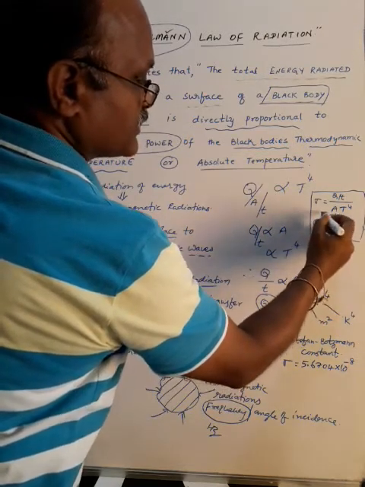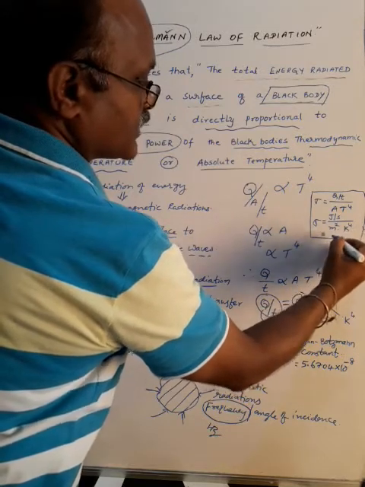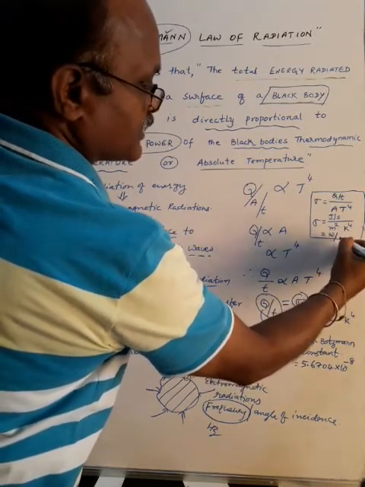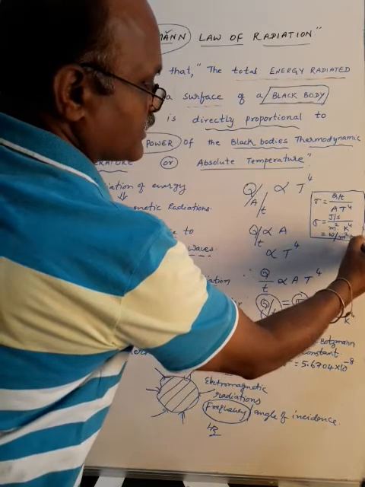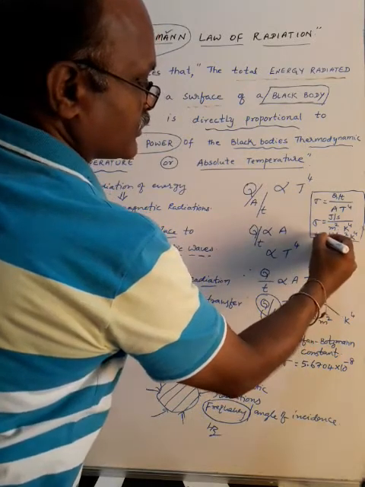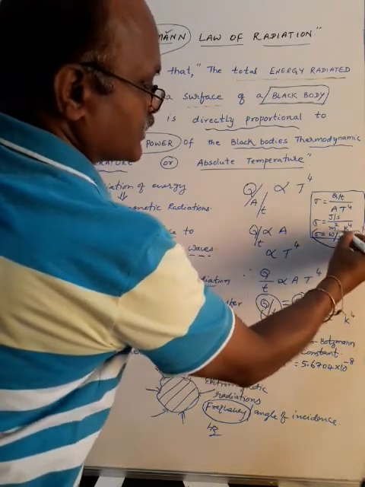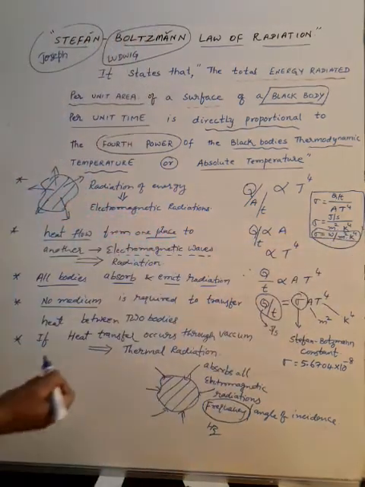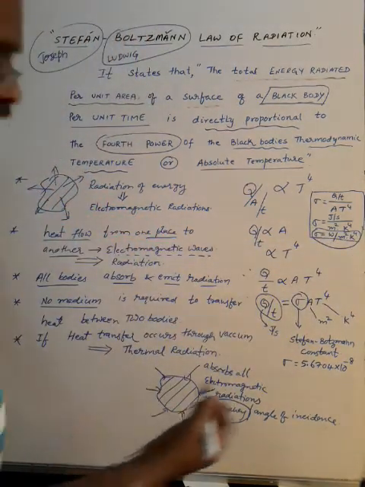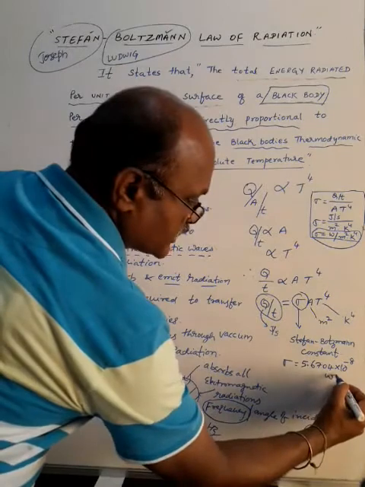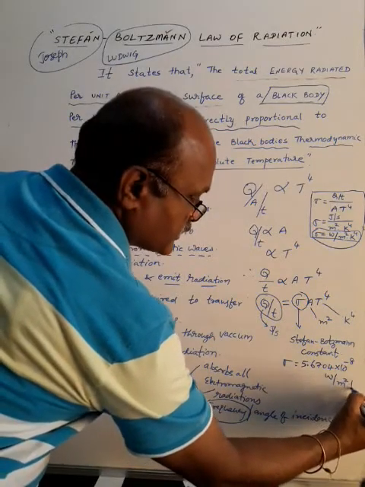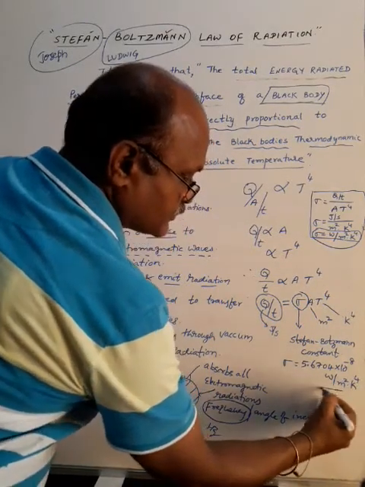This is the unit, or you can write watt per meter square Kelvin power 4. So this is the unit of Stefan Boltzmann constant.